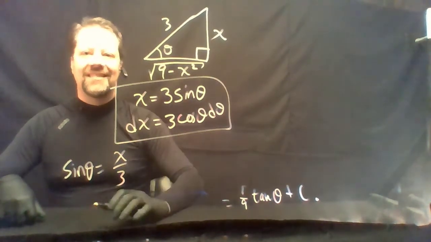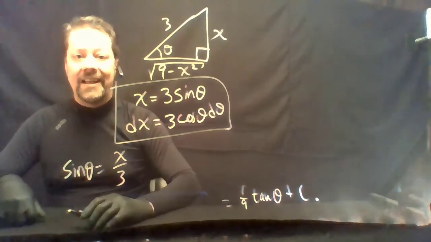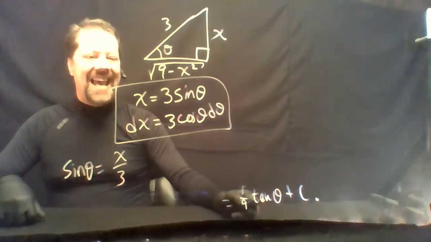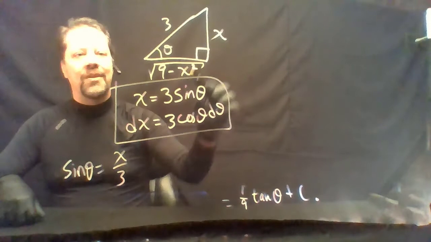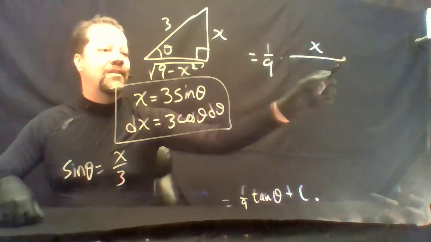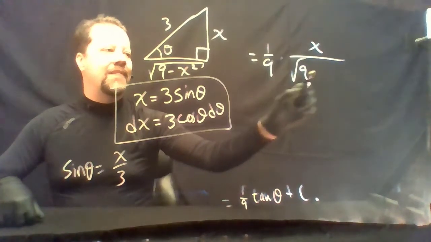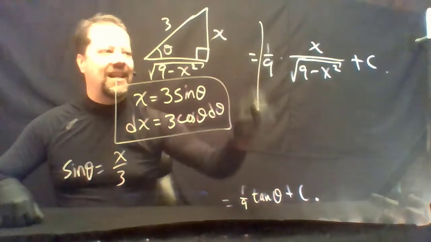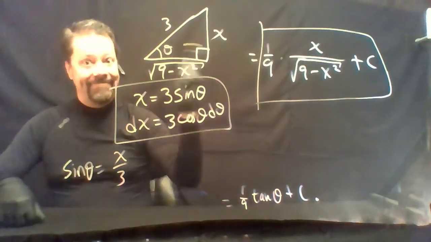This had better show its head again, or else you screwed up. We're interested in tangent theta, but tangent is opposite over adjacent. So we have 1/9 times x over the square root of 9 minus x squared plus c, and that is the answer.